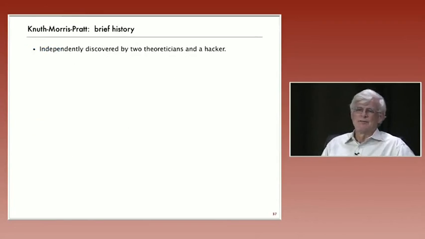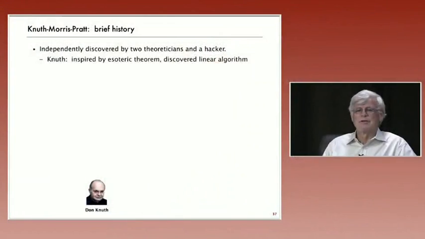This algorithm is really interesting because of its history. It was actually independently discovered by two theoreticians and a hacker. So there's Knuth, who's one of the fathers of computer science, who read a paper by Steve Cook, a very esoteric theoretical result that he realized implied that it should be possible to solve the substring search problem in linear time.